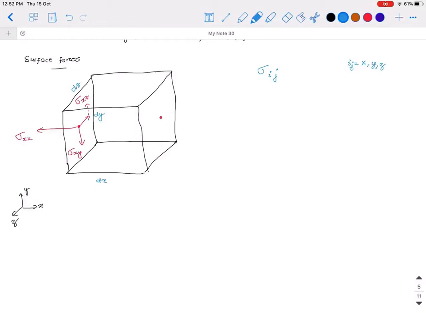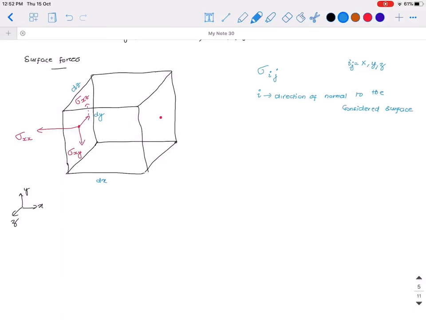Okay, so direction i, or the first index of sigma ij, talks about the direction of the normal to the considered surface. Okay, we will not talk about whether it is in the positive direction or negative direction.